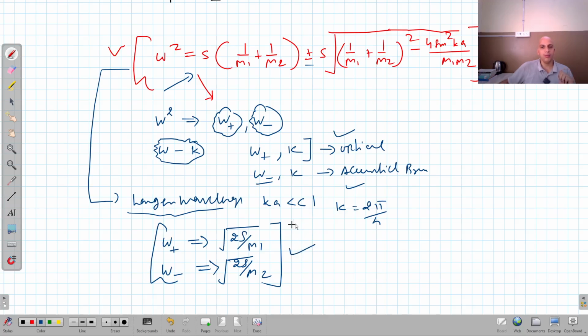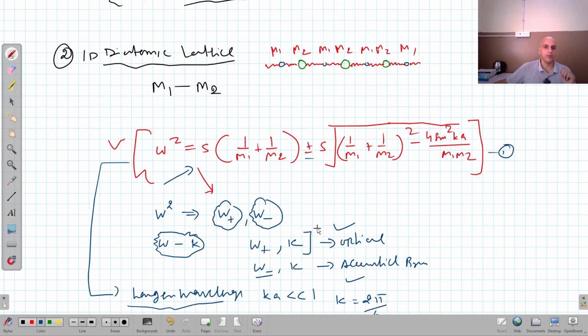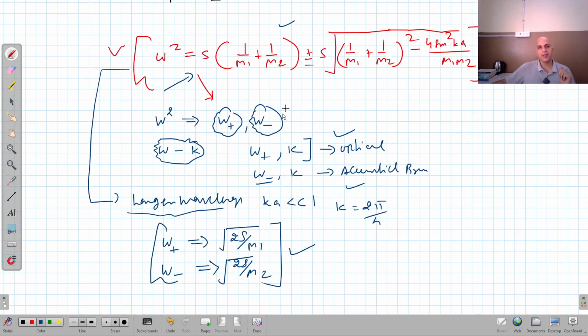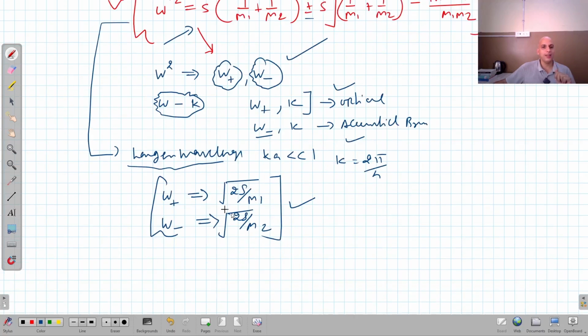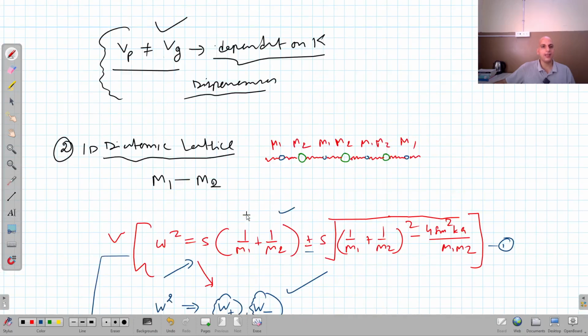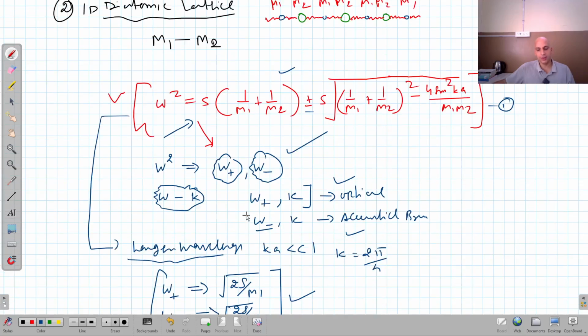So these are some important points that we have to remember for the case of a diatomic lattice: this relation, two branches in the ω-K graph, and then the condition for longer wavelengths or small frequencies. So this was the second topic, the lattice vibration of one dimensional monatomic and diatomic lattice.